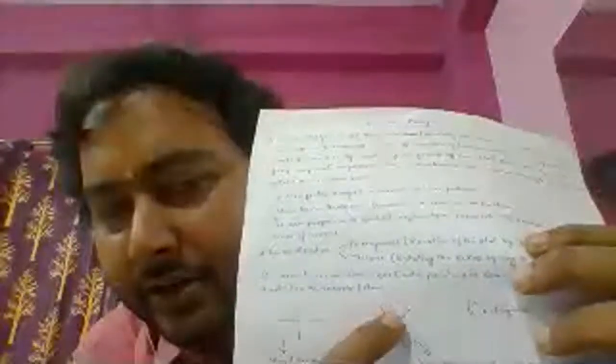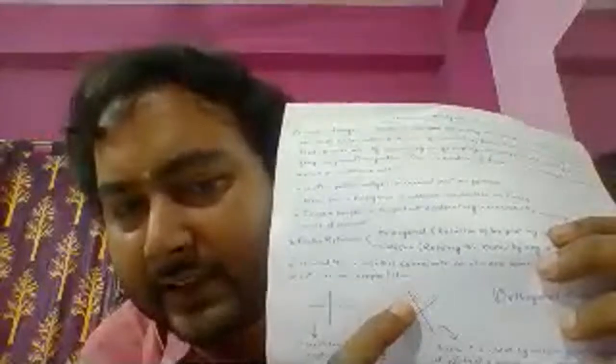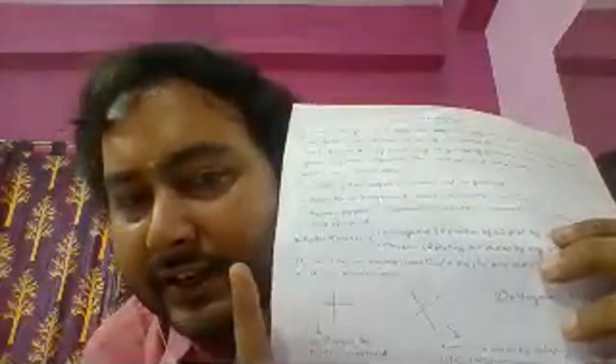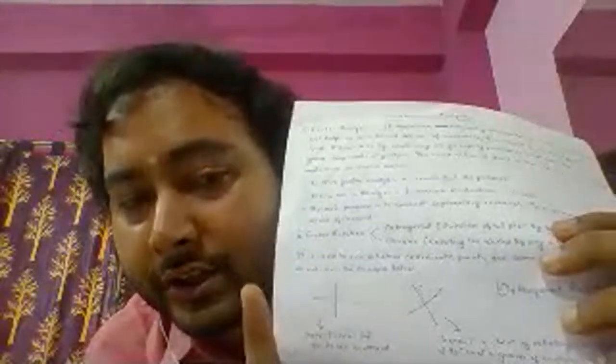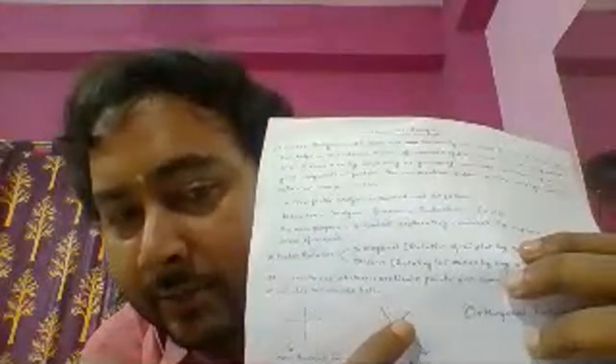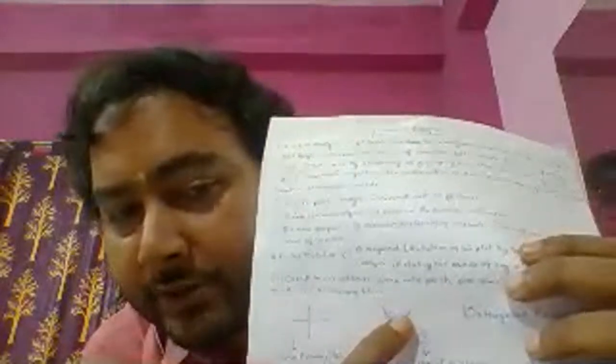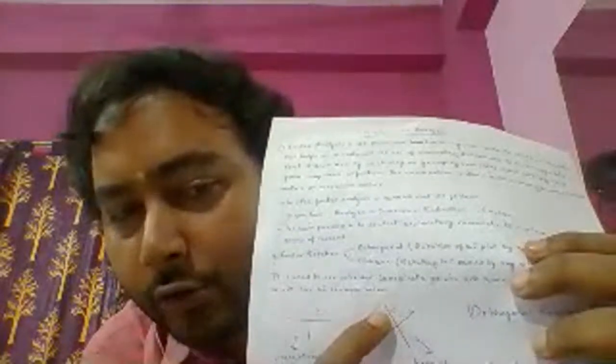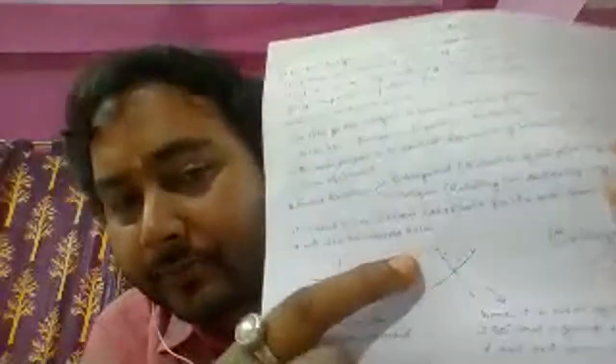But if I rotate this matrix like this, where the angles between the dimensions are still 90 degree, it is orthogonal rotation, then you will find some points are close to this dimension, some are close to this dimension.